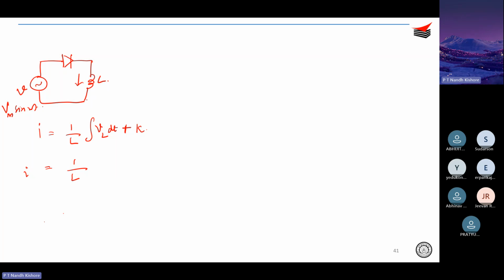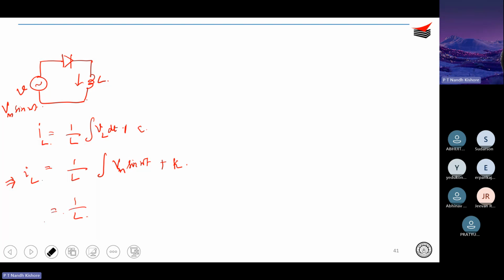Just provide me 2 minutes. Okay. So 1 by L integral VL is going to be the same voltage, right? So Vm sine omega t plus K. This is your IL, correct? So first things first, if you integrate this, what do you get? 1 by L. Of course, this constant will appear only after integration.